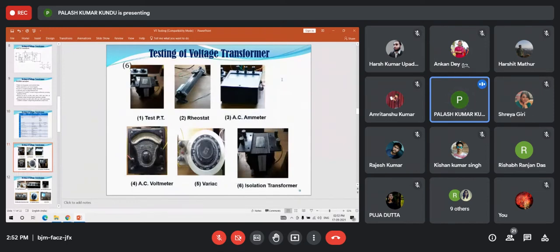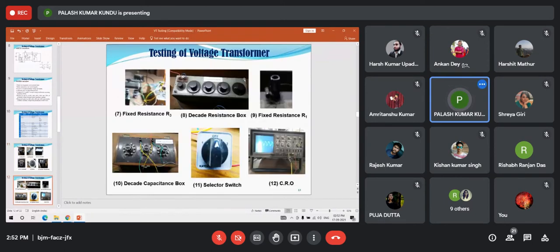the independent devices, photographs of the physical devices which are used in the measurement laboratory, look exactly like this: isolation transformer, which looks like a single variac, AC voltmeter, test VT with primary terminal and secondary terminal, rheostat, AC ammeter, fixed resistance R3, decade variable resistance which is used for the adjustment of the null, decade capacitance box which is used for the adjustment of null, selector switch for the different positions.